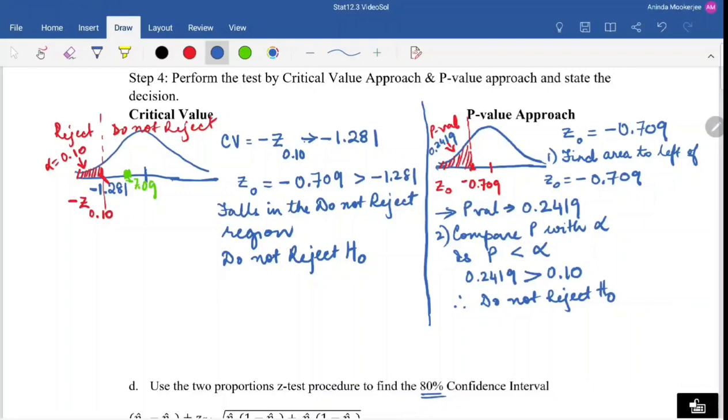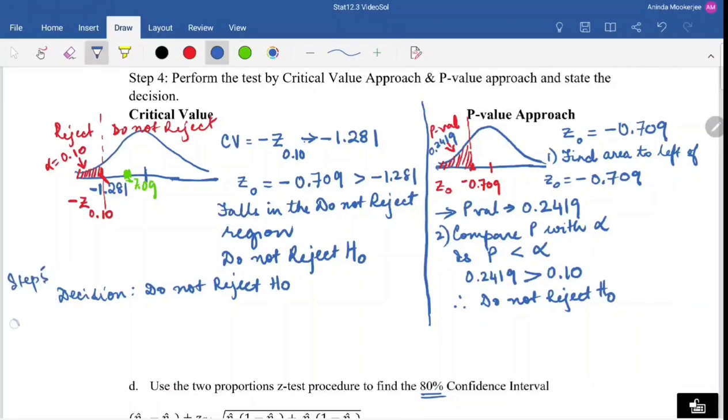Only if p is less than or equal to alpha, we will reject null hypothesis. So the decision is do not reject null hypothesis. That was step 5.